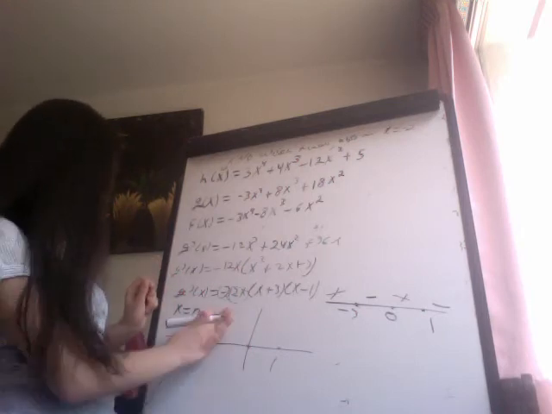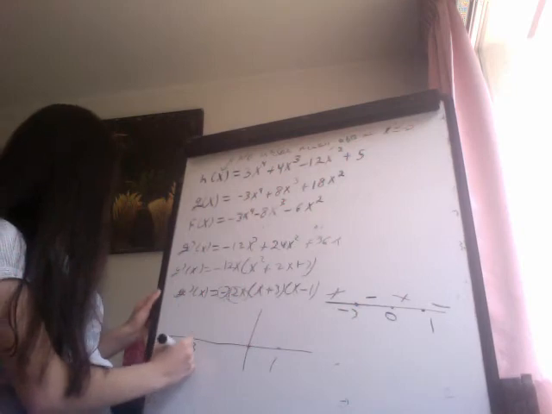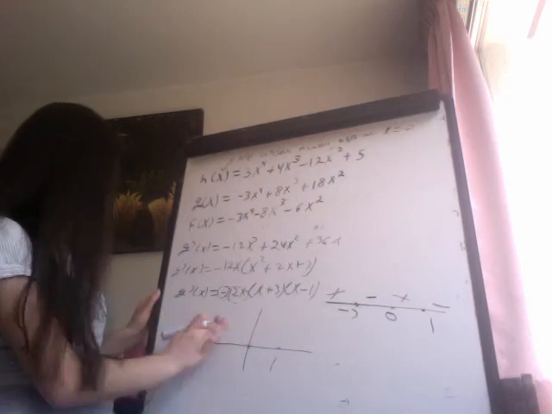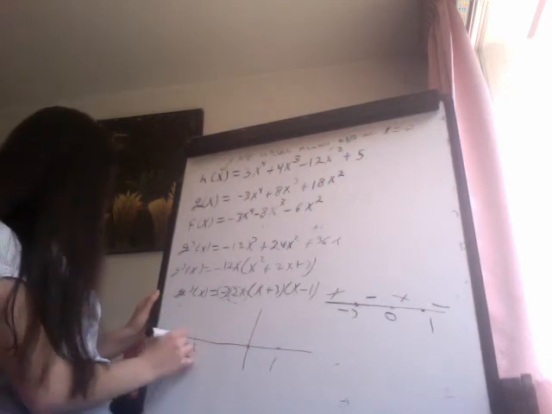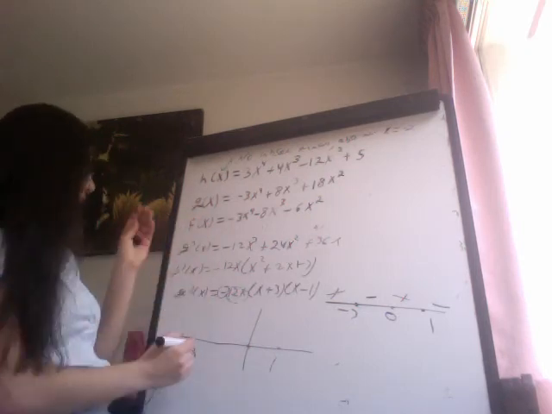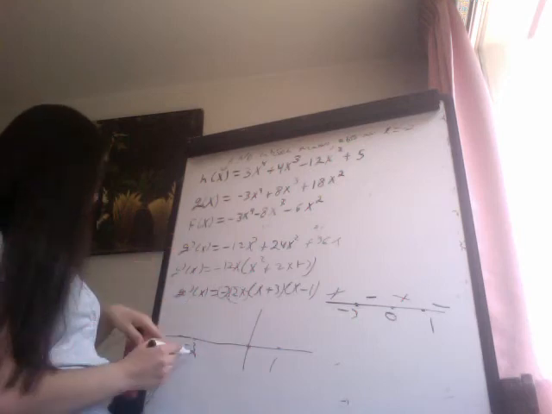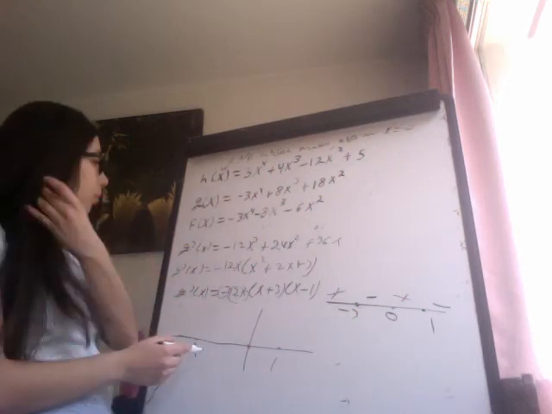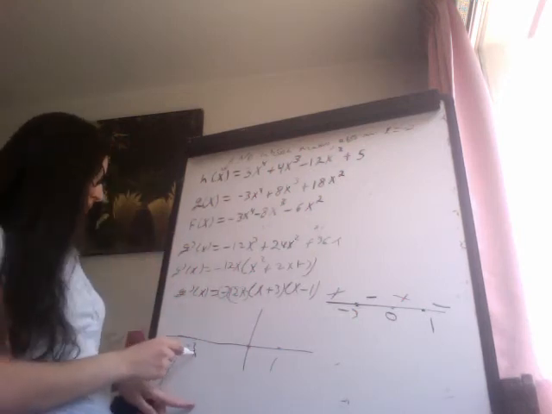The function could be something like this, for example, or could be something like this. We really don't know, and I'm not paying special attention at the moment to which part has the extreme point. Anyway, it looks something like this.